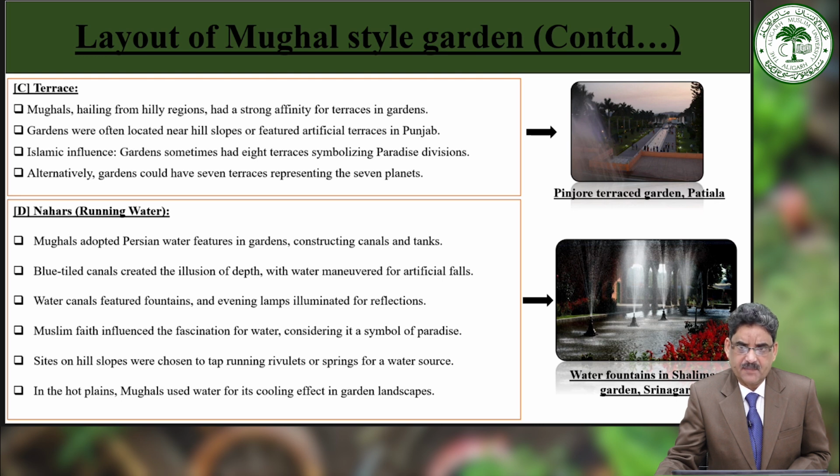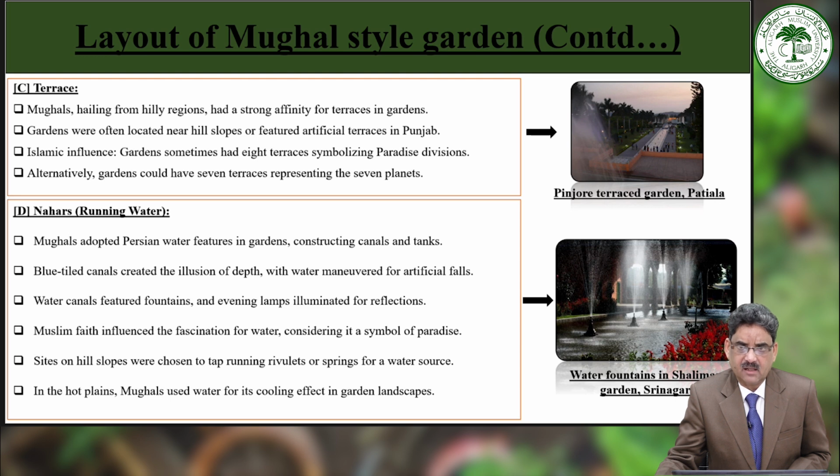Reflecting Islamic influence, some gardens featured 8 terraces symbolizing divisions in paradise. Alternatively, they could have been terraces representing the 7 planets.